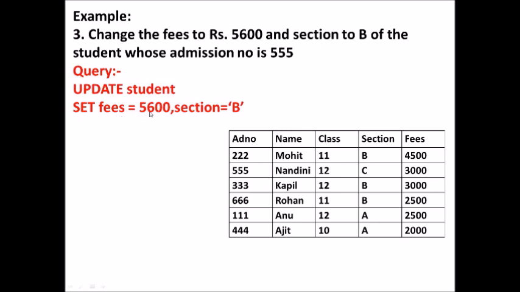So fees is equal to 5600, comma. Section is equal to B, because two changes were required according to the question. Now if you write only this much and put a semicolon, then this command will be applicable to all the rows. So because we want to change only the details of the student whose admission number is 555, we have to include a where condition, that is where ADNO is equal to 555.